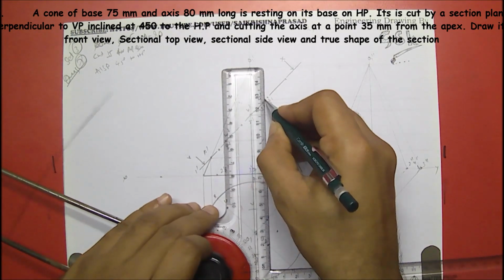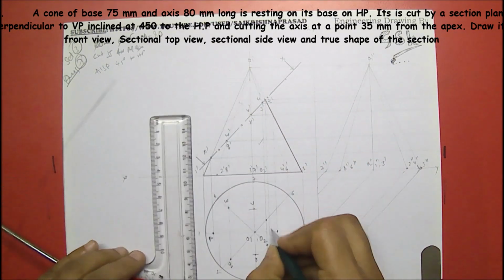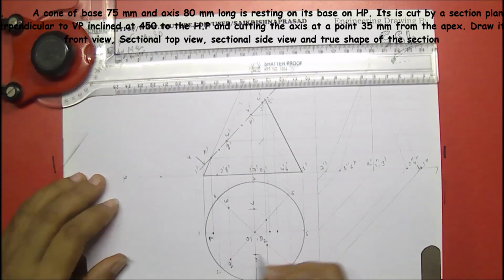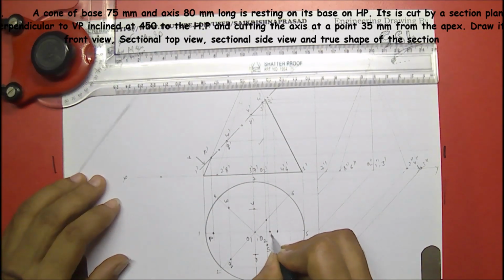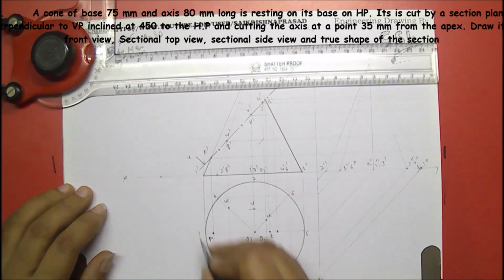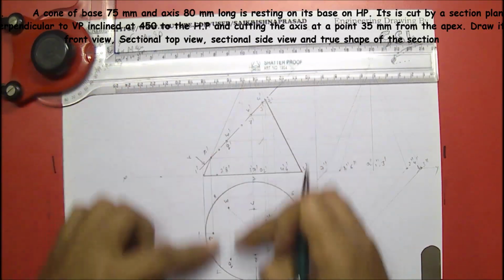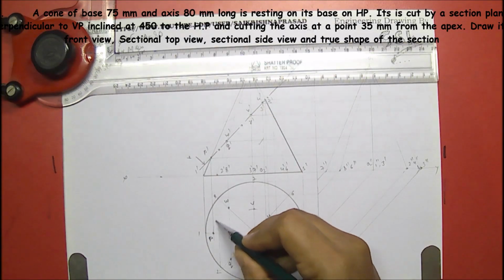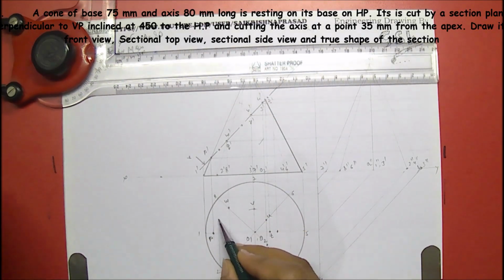Next, coming to T, right? P, Q, R, S, T, U. So with this point, we can finish off the sectioned top view with the light stroke lines.